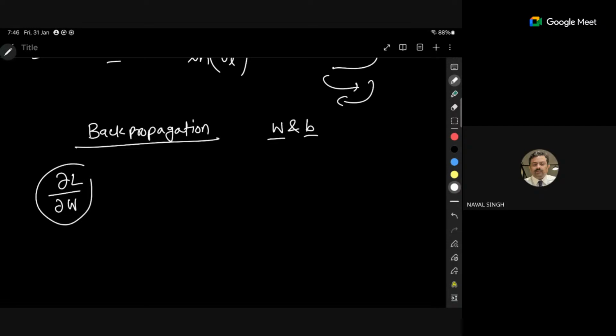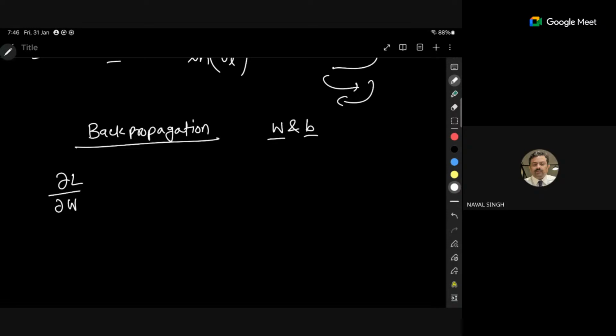That how much I change in the weight will affect my loss. So if I have this backpropagation derivation, then I can know how much I change to have a change in the loss, right? So I wanted to reduce the loss, right?